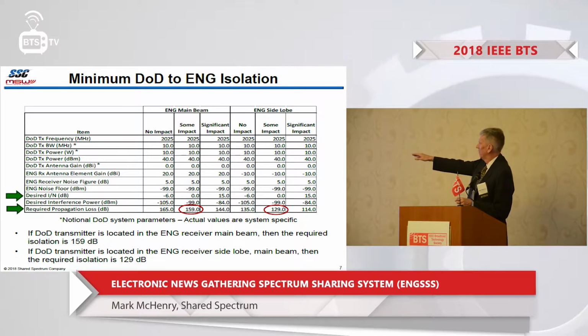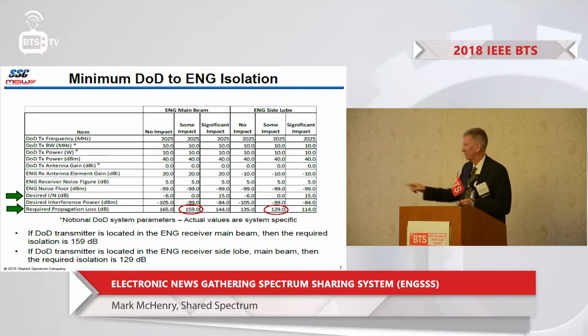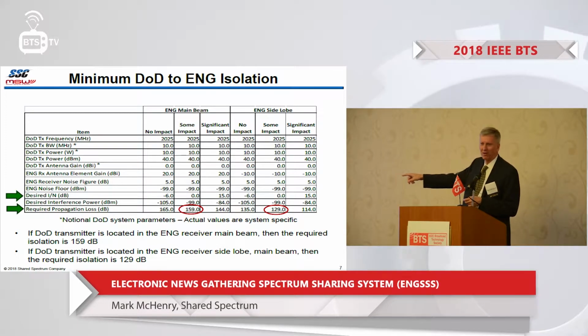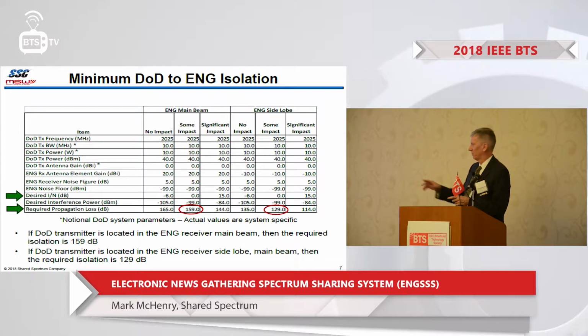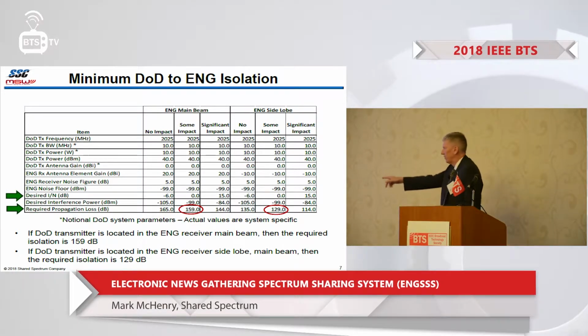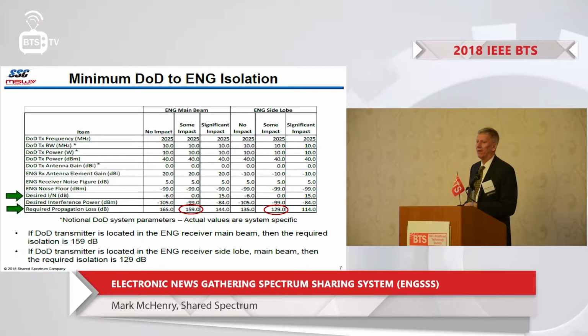So in this table, I put a notional DoD system with 10 megahertz bandwidth, and I think it's 10 watts. Those aren't the real numbers. I put placeholders, because I had to get through the DoD sensors, but I couldn't put real numbers. But it doesn't really matter. The answer is, if you sign up to cause almost no impact, 0 dB INR, you've got to be 159 dB away from the other guy's system.